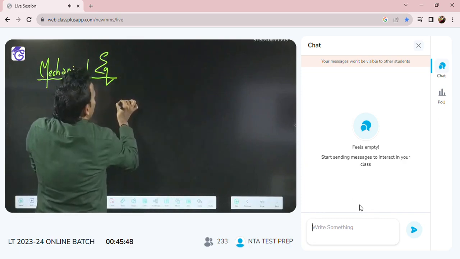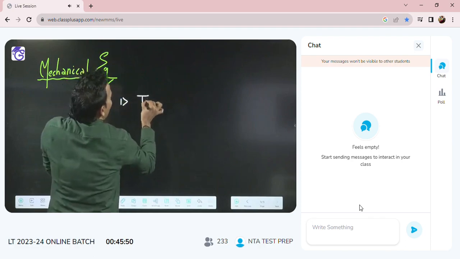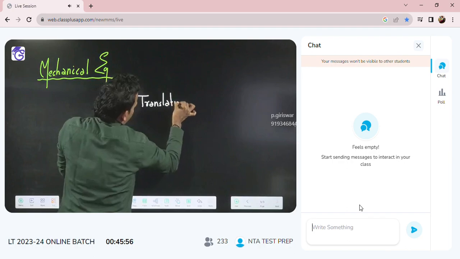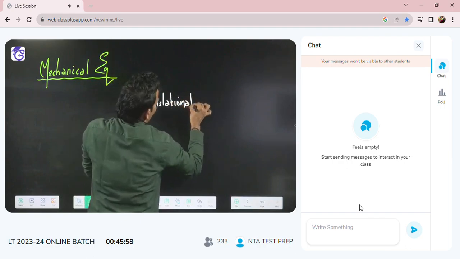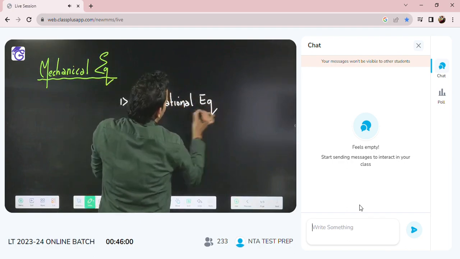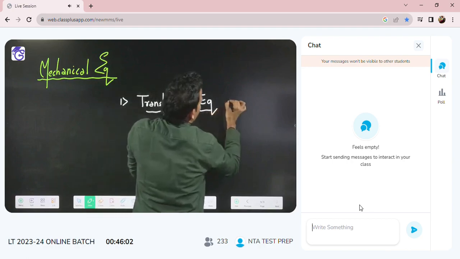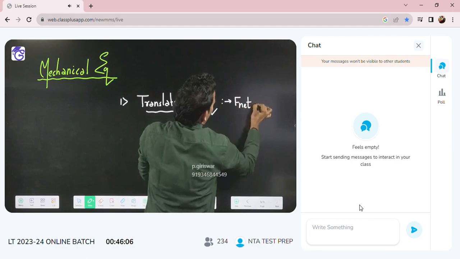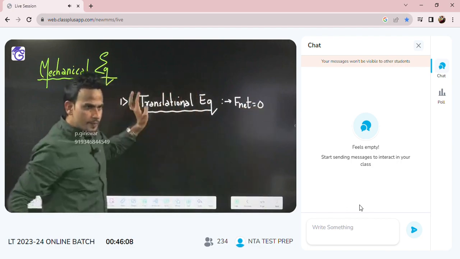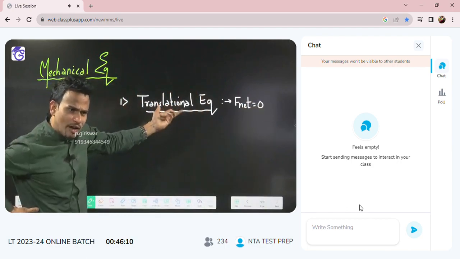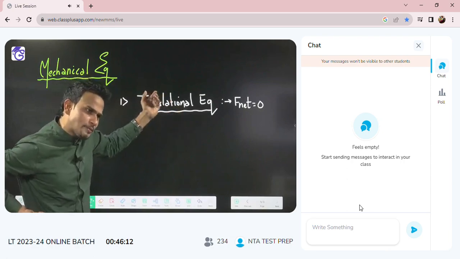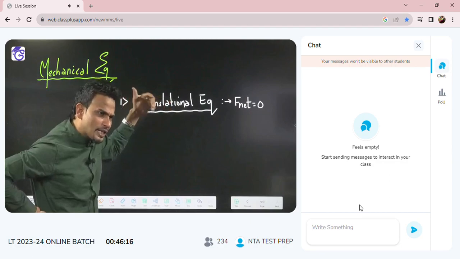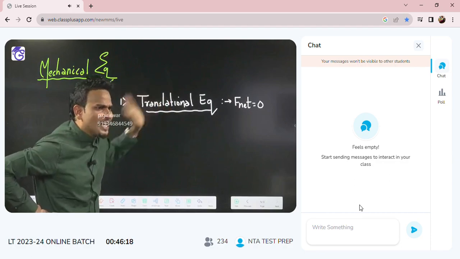The first type of equilibrium we call translational equilibrium. You have already studied that for translational equilibrium, the condition is that the net force on the body must be equal to 0. So two types of equilibrium will come in mechanics. One is translational equilibrium: F net will be 0.